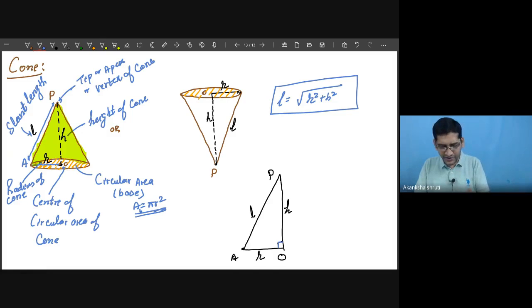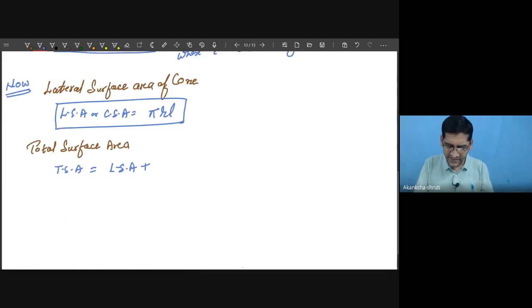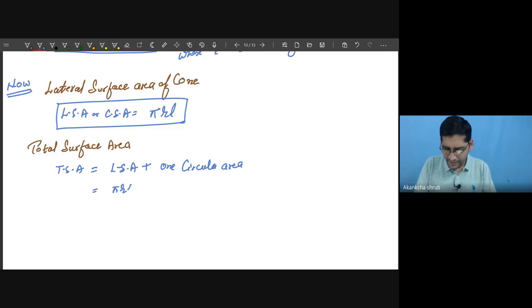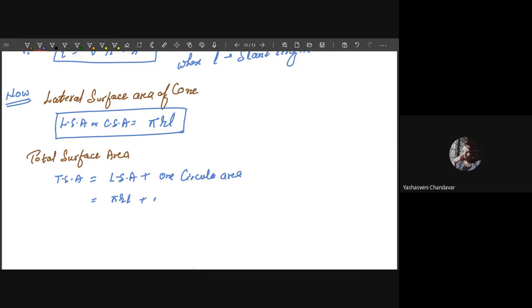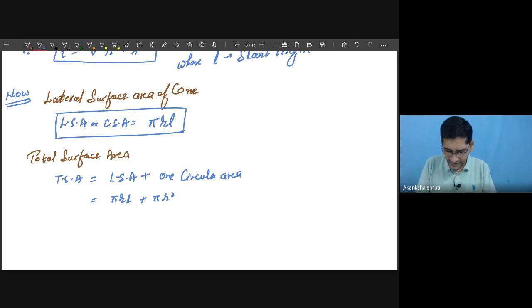Or if you are drawing the inverted cone, then that is called the area of the top. So only one circular area plus one circular area. So what is this? It is our pi r L plus, very good, this circular one, pi r square.